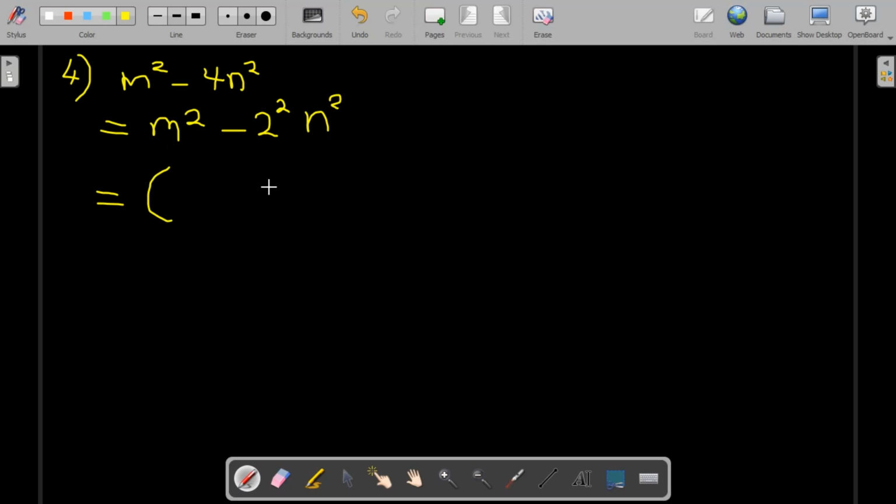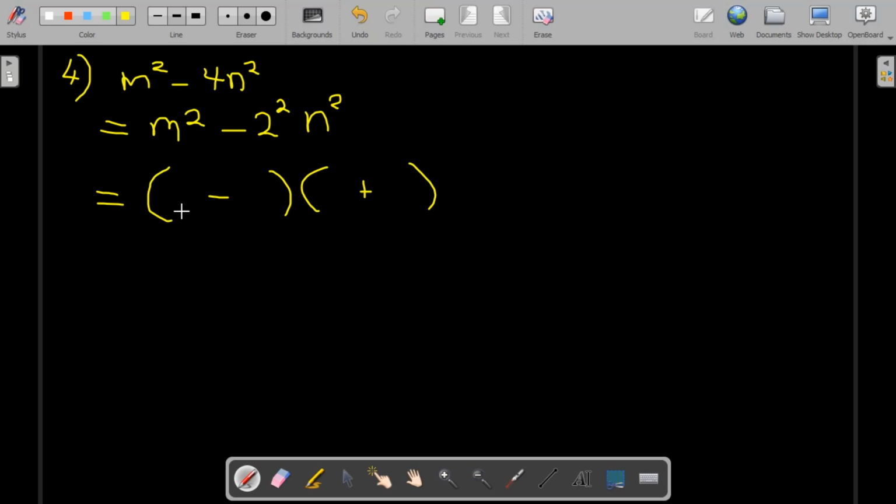So if it's 2 different squares, remember I talked about 2 different squares, positive and negative, because we have got a negative here, so that's the reason why it's 2 different squares.